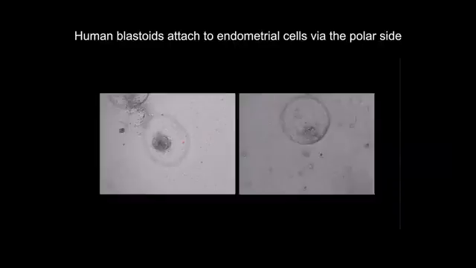And you can see here on this movie, taken just at the moment when the blastoids are attaching, we are pushing the medium around the blastoid with a pipette, the pipette that you can see here, and you can see that they really attach very nicely via those sticky cells that are abutting the epiblast.